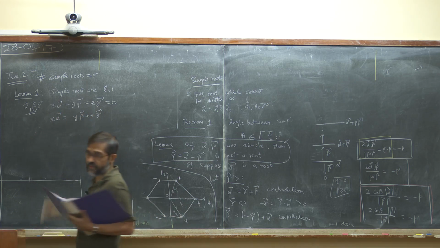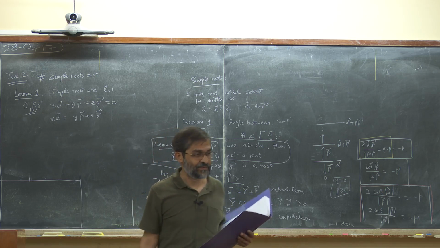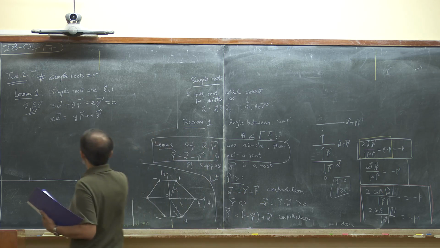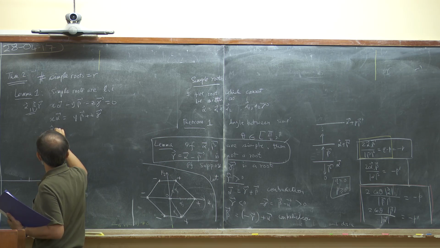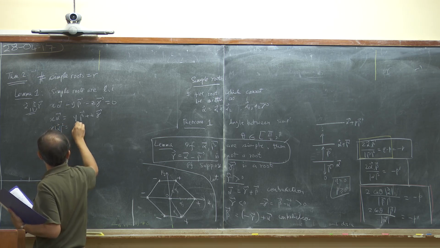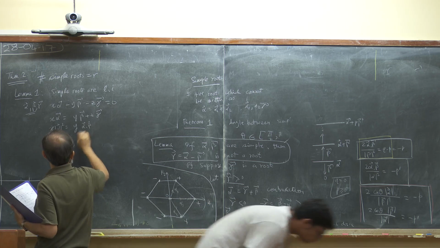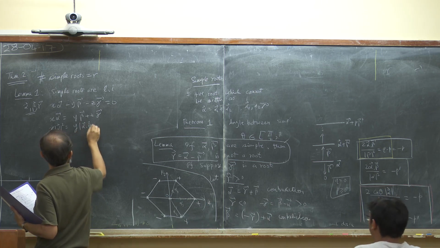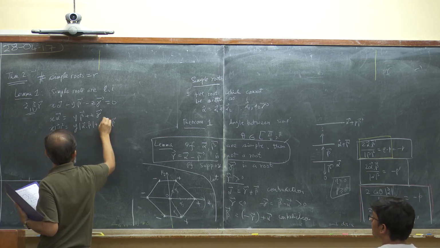Now x, y, and z are all positive. You take dot products, and if you take the dot product with respect to beta, or alpha or whatever, you get x alpha square is equal to y alpha dot beta plus z gamma dot beta.